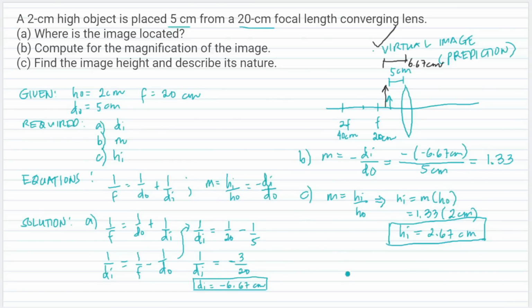Ang kanyang height, yung image natin ay 2.67 centimeters. So, again, it is larger. It is upright, given by the positive sign. And the image is also virtual kasi makikita nga natin, the image is formed at the same side as the object.